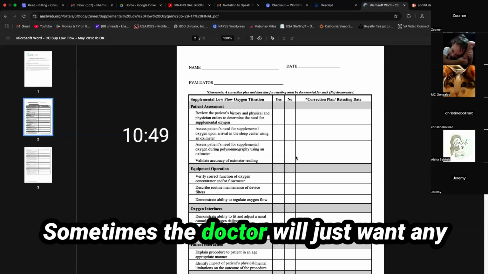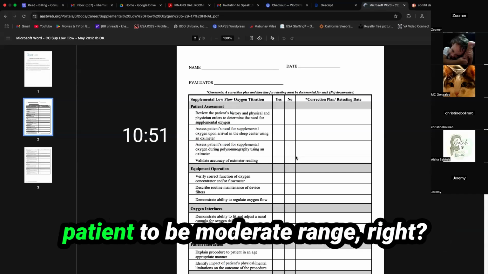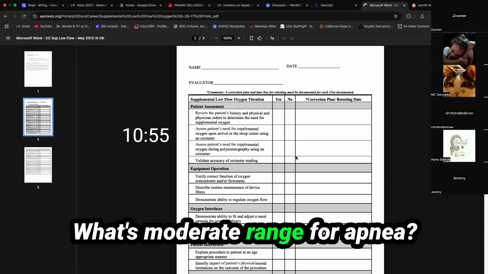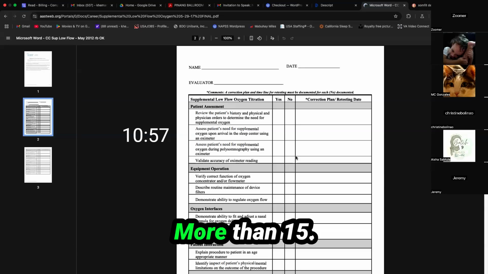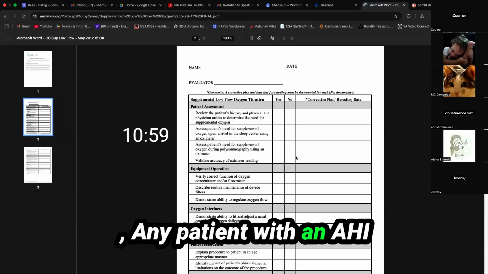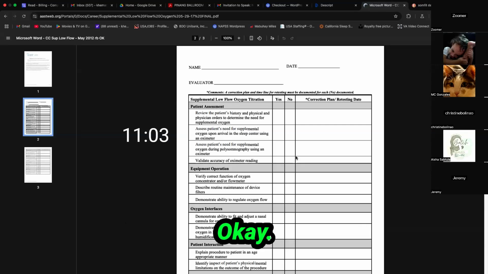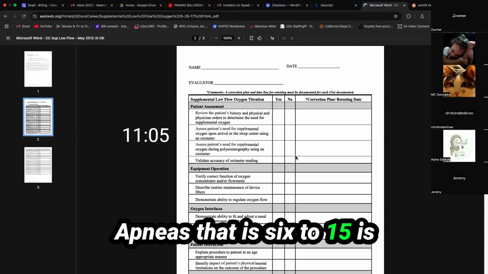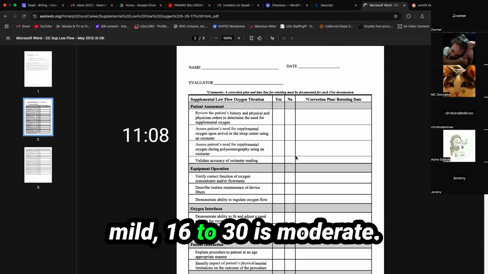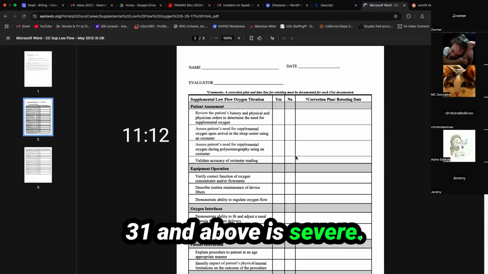Sometimes the doctor will just want any patient in the moderate range, right? What's moderate range for apnea? More than 15. Any patient with an AHI of 5 or less is normal. Apneas that are 6 to 15 is mild, 16 to 30 is moderate, 31 and above is severe.